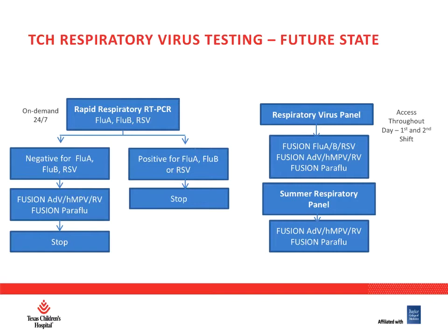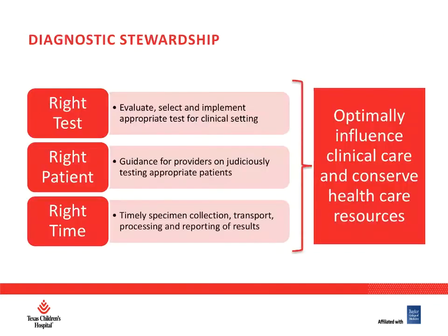And then we also want to keep a summer respiratory panel where we don't expect to see flu and RSV, but we do expect to see parainfluenza, adeno, and metapneumo, and probably some rhinovirus we might include in there as well. So we can adjust our testing with this flexibility on the Fusion to meet the season and what we would expect to see. And because of the random access capabilities, we could potentially be putting samples on as they come in throughout the day and even into second shift, so we get those results out in a more timely manner instead of waiting to run daily batches.